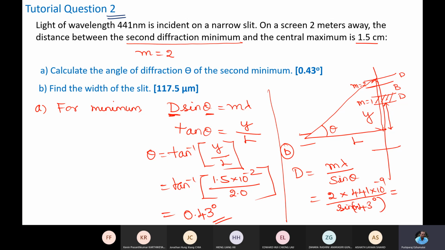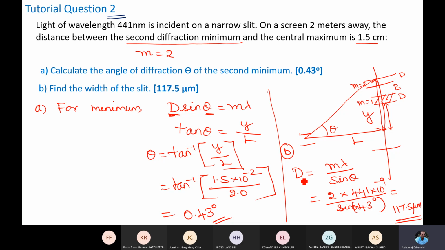Now what is the answer? 2 into 441 times 10 power minus 9 divided by sine 0.43. I am getting 117.5 micrometer. So the answer is 117.5 micrometer.